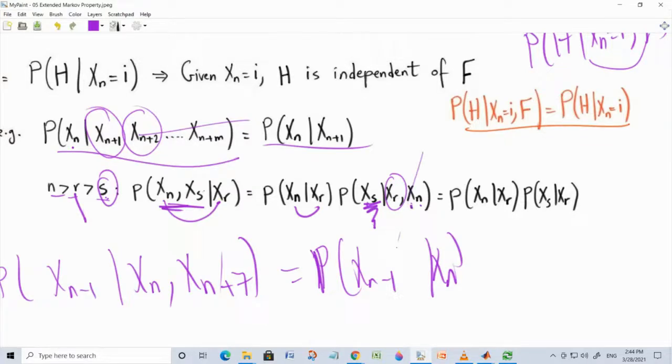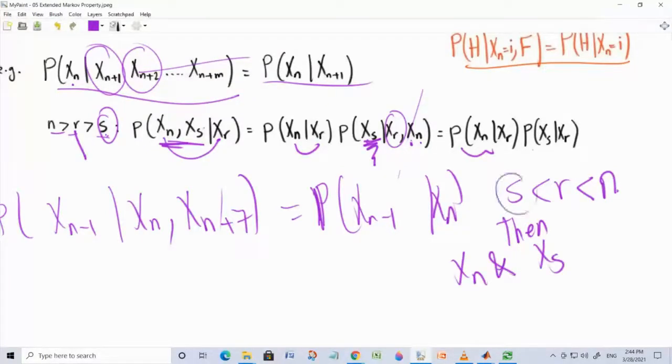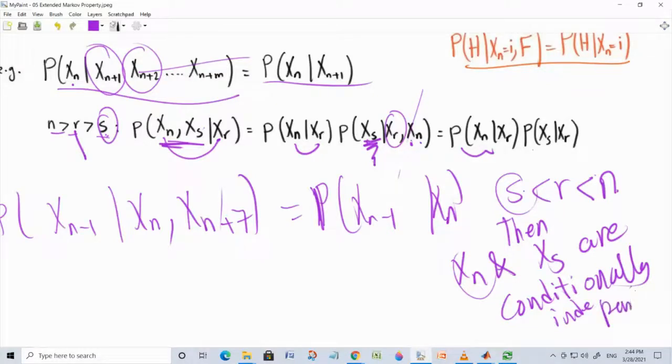By the Markov property, you can eliminate this one, and now the probability of xn given xr is equal to the probability of xs given xr, which means that if you have your time like this, s less than r less than n, then x of n and x of s, the random variables with this index and that index, are conditionally independent given x of r. Tell me x of r, then these two guys become conditionally independent.